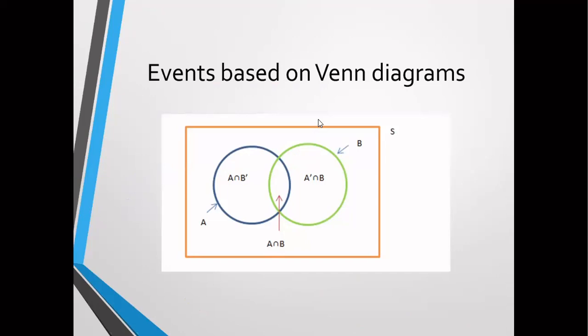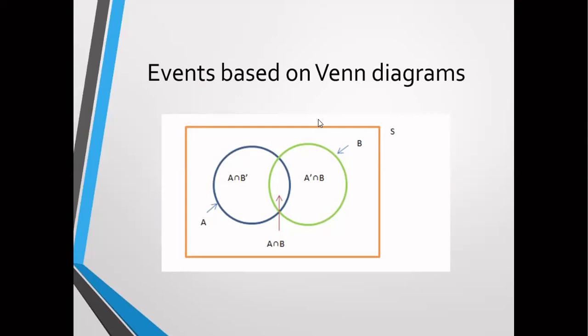So we discussed earlier the complement of an event, then A union B, A intersection B, and mutually exclusive events. Now we are going to represent those events using Venn diagrams, or identify regions with them.